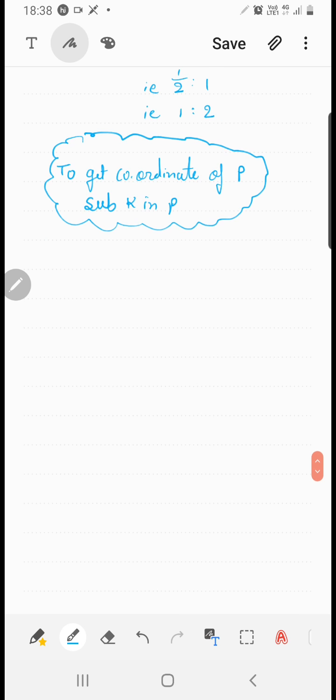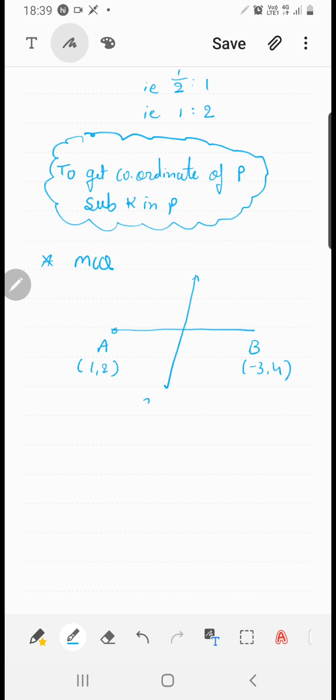Now let's say if I want to solve the same sum in MCQ. There what we start is A, B. Coordinate of A we take as given in the sum, 1 comma 2. Coordinate of B is minus 3 comma 4, and equation of line is x plus y minus 5 equal to 0.